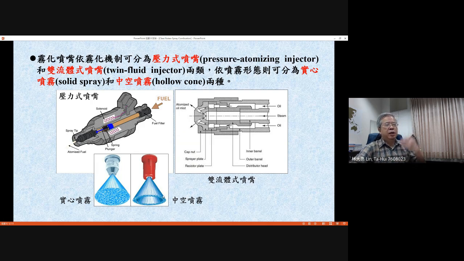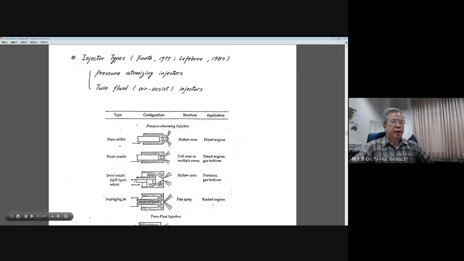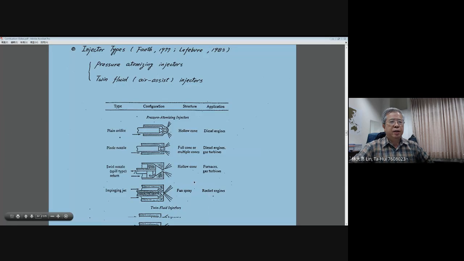This is the initial understanding of spray injectors and spray formation you may have. Now we go back to our lecture notes, and I need to explain some applications for different kinds of injectors. Now you can see here, let me see, our slides.